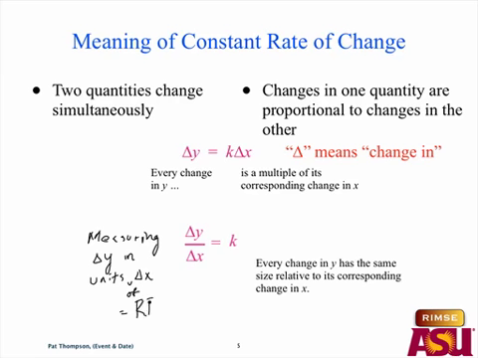Relative size. The value k is how much larger changes in y are compared to changes in x. That's where we started over here. So it's going back to slope as well. You compare it to the slope. Yeah, we're getting there. Okay, can I go on?